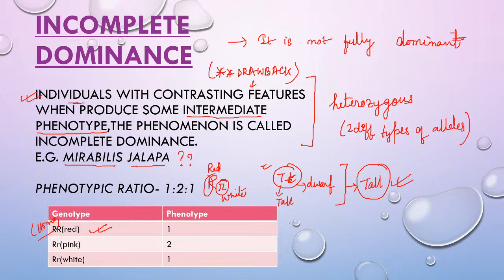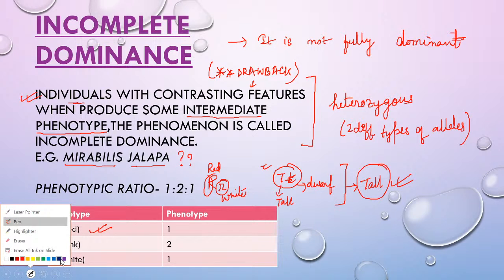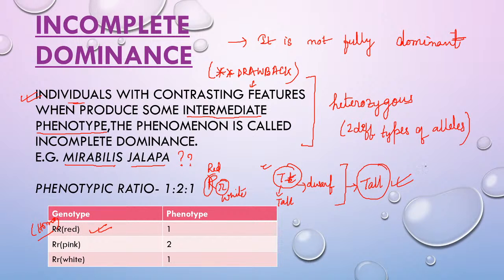What happens when the parental strain is taken? Let me show you one cross quickly. We take a parental generation of homozygous parents: capital R crossed with small r. These are pure red and pure white. Now comes the gamete generation.